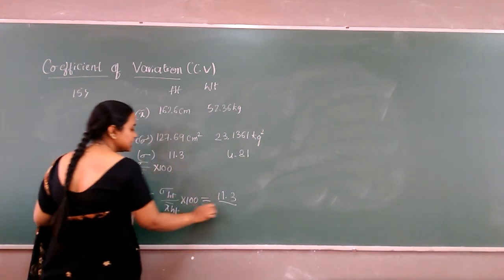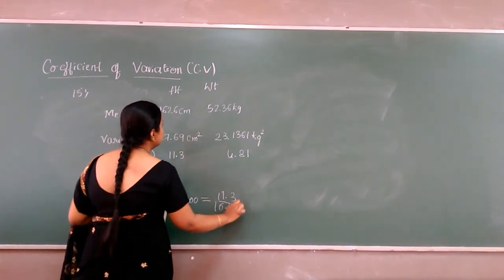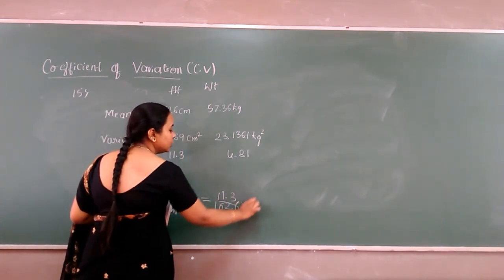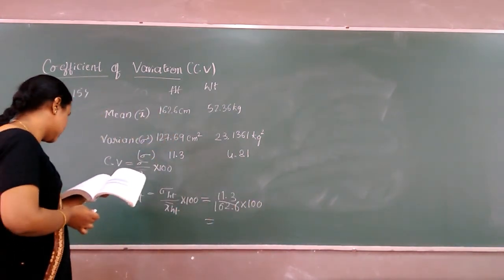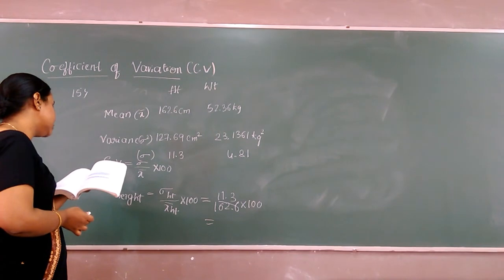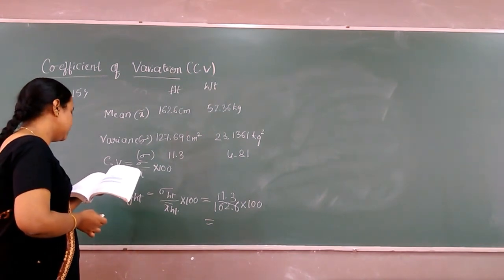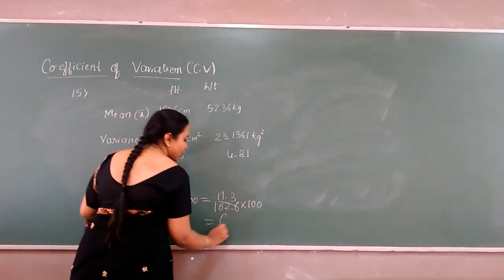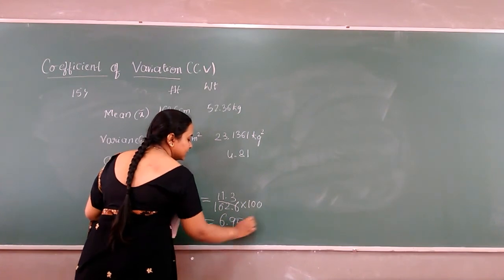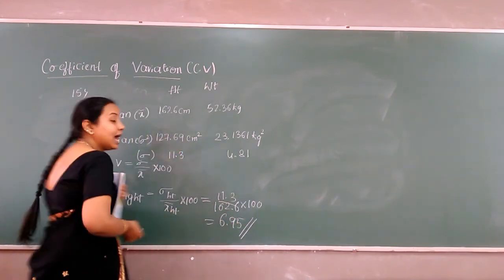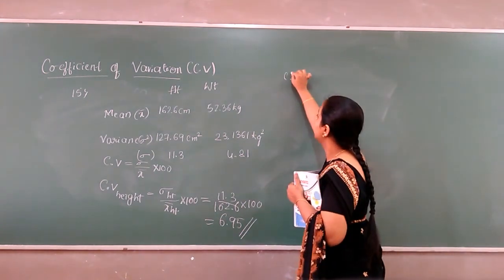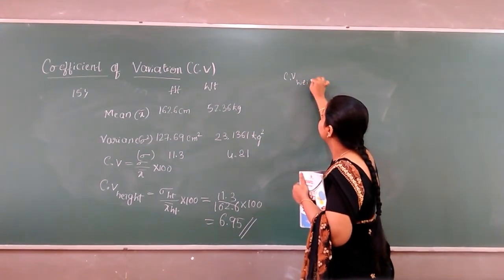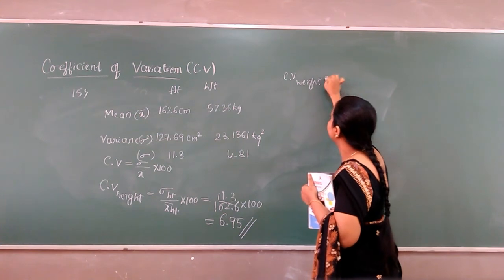Mean of the height is 162.6 into 100. So when you calculate, the answer for coefficient of variation will be 6.95. This is for height.